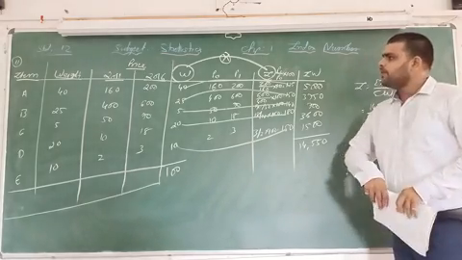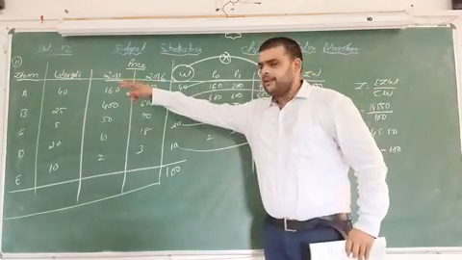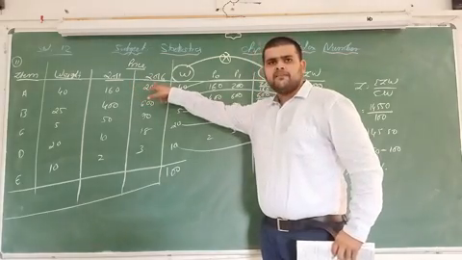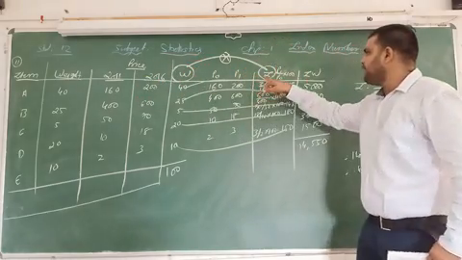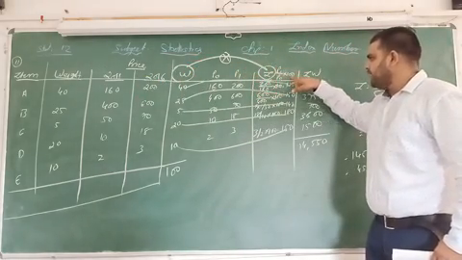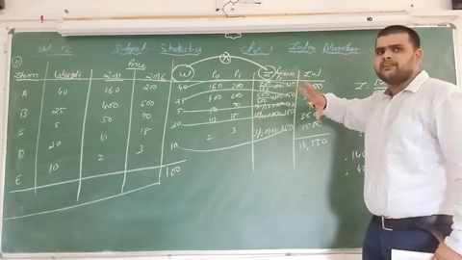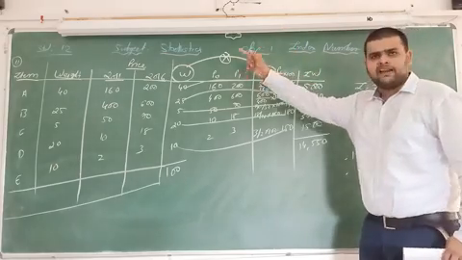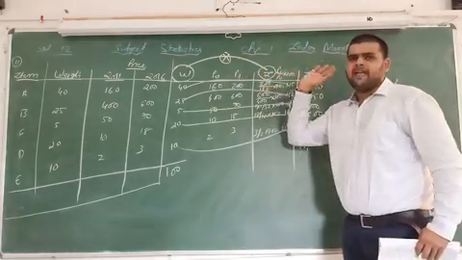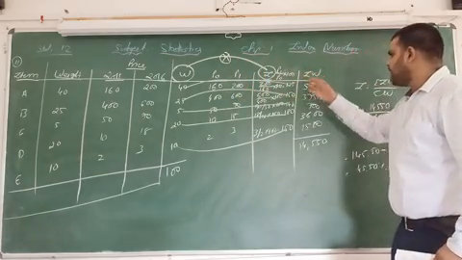What we have to do? Number one, we have to find out P0 and P1 for the index number I. So we find I, that is P1 by P0 multiplied by 100, as per the formula we studied earlier. Thereafter W is already given and we multiply both. Then we have to find out IW.